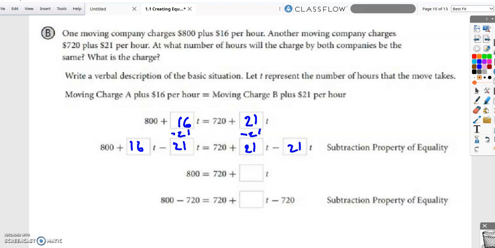Remember these two will cancel out. This one right here is moving the T to the right side, which is okay. We can do that also.